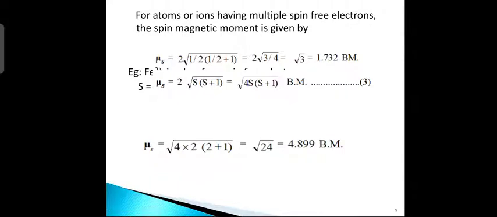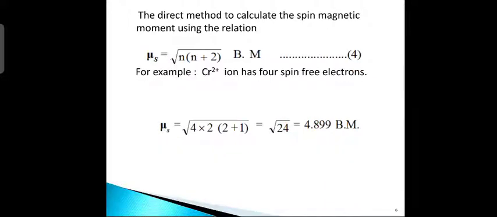For atoms or ions having a single spin free electron, the spin magnetic moment is given by 2 into square root of half into half plus 1, that is square root of 3, equal to 1.732 Bohr magneton. Now, for Fe2 plus, mu s is equal to 2 into square root of S into S plus 1, that is square root of 4 into 2 into 2 plus 1, so square root of 24, that is equal to 4.899 Bohr magneton.